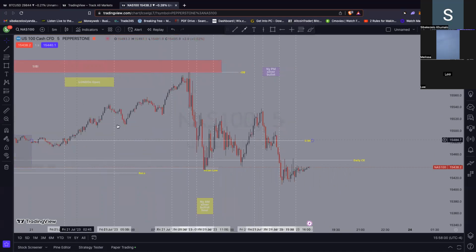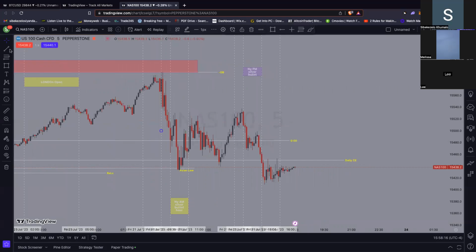At 8:30 we rallied up, created a high, and then before New York equities market open, we took that high out. So we took buy side on a smaller time frame. This is buy side liquidity. We took these relative equal highs.